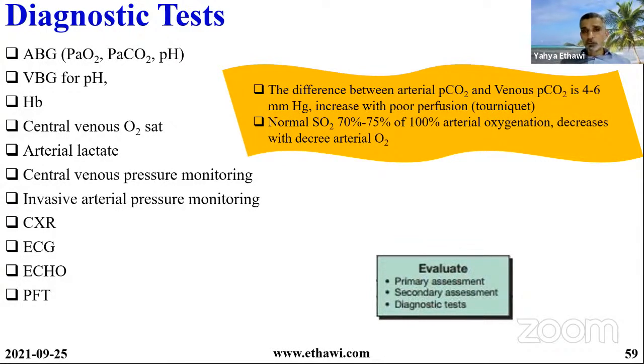Normal systemic arterial oxygen saturation should be more than 75%. When it drops to 70 to 75, you get cyanosis. The normal level in a child is more than 94, and in a premature baby it's 90 to 94.